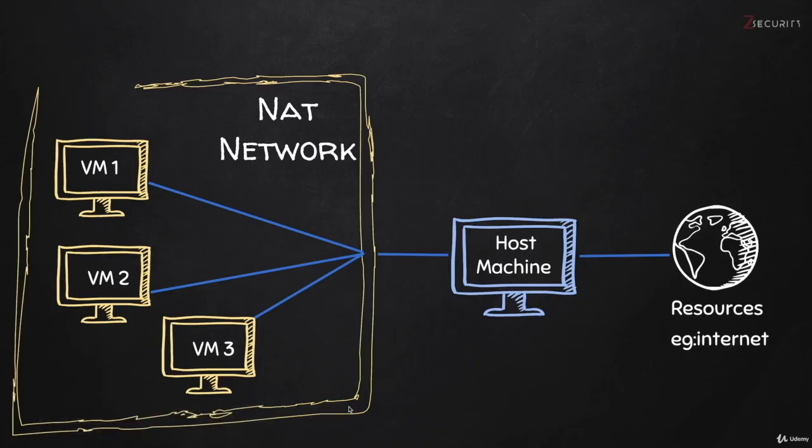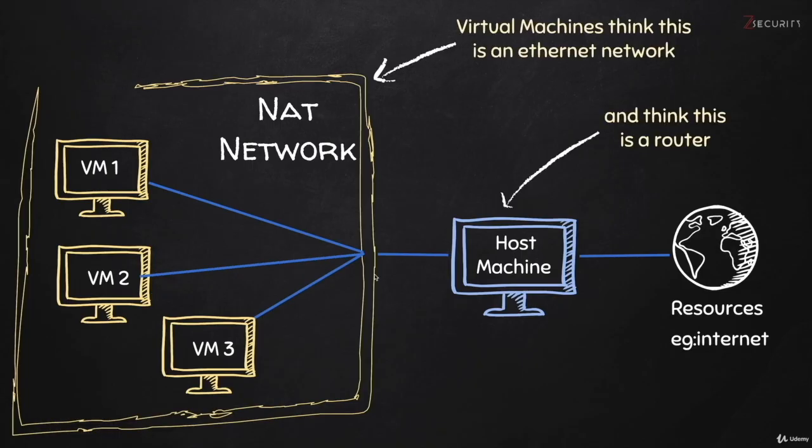This is very handy because my virtual machines will be able to communicate with each other, and therefore we'll be able to use the Kali machine to hack into the others. We'll be able to test network attacks and do much more. So this setting will first allow my virtual machines to have internet connection, and it will also allow them to communicate with each other through this virtual NAT network.